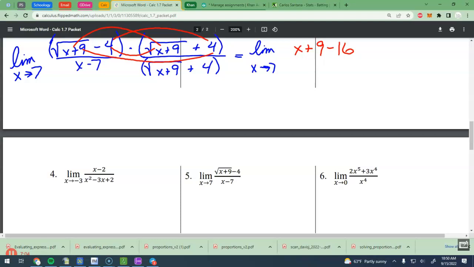Then on the bottom, don't try to multiply this through. It'll just make it harder for you. I'm just going to leave it because I can kind of see right now, and you'll get better at it the more you do. That is going to simplify to be x minus 7, isn't it? And I've got an x minus 7 right here, so it's going to cancel. If I distribute this through, you won't be able to see it anymore. So here I have x minus 7 times root x plus 9 minus 4.